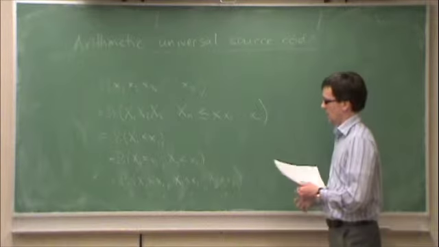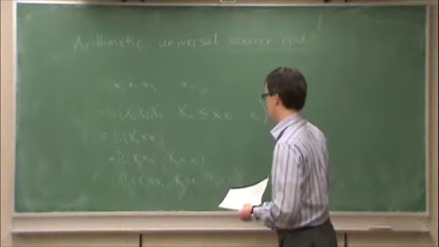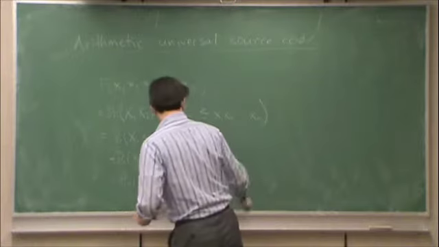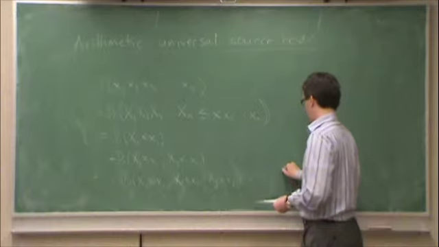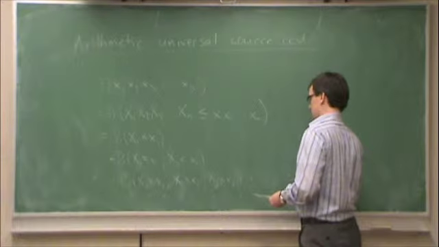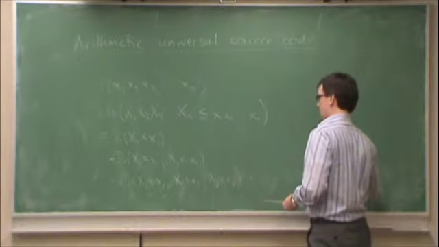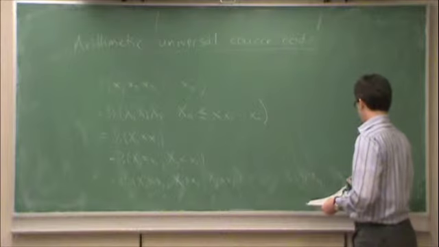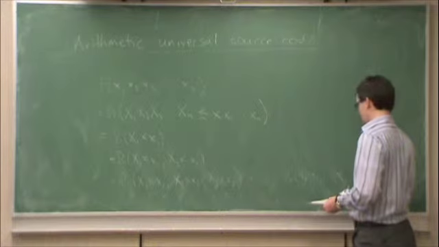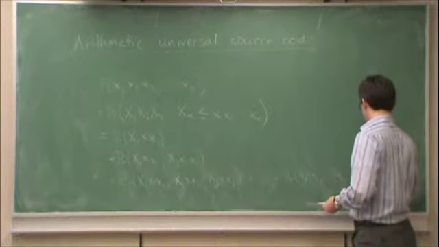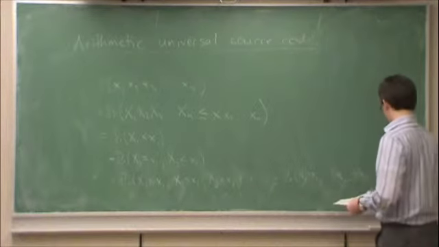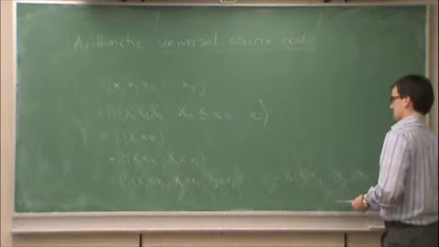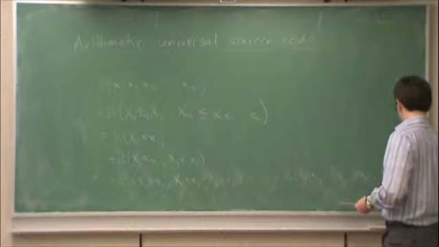Now, that's fine until we get to the end. So plus, and so on, plus the probability that X1 equals x1, and so on up to X(n-1) equals x(n-1), and then Xn is less than little xn.